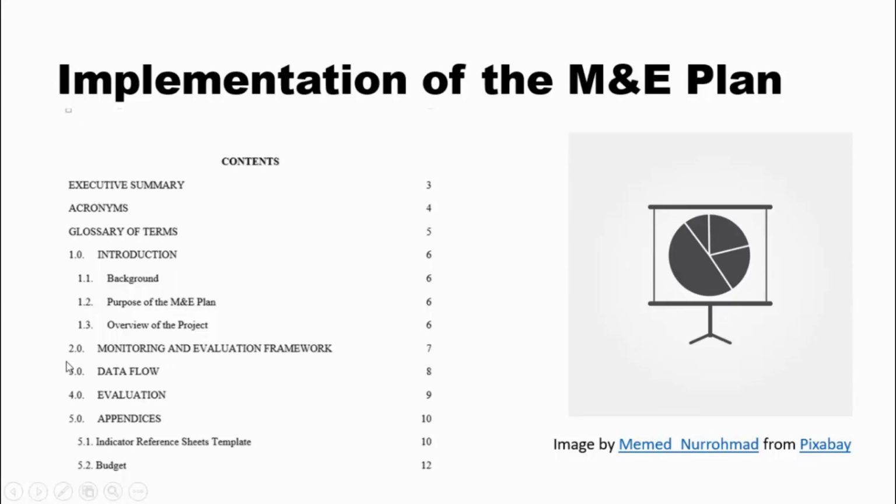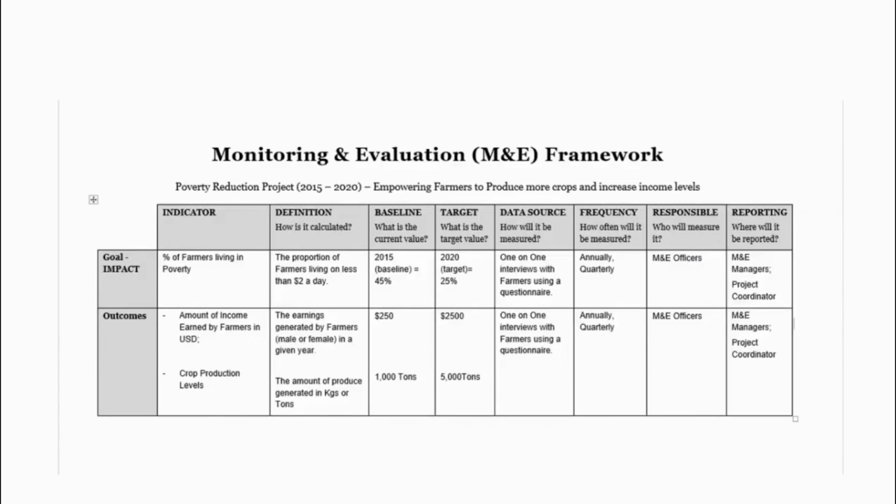So now, when you are implementing this plan, the key is it all begins from you understanding what is in the framework. That's the easiest way to begin. You simply need to understand what the framework says, what the framework matrix says.